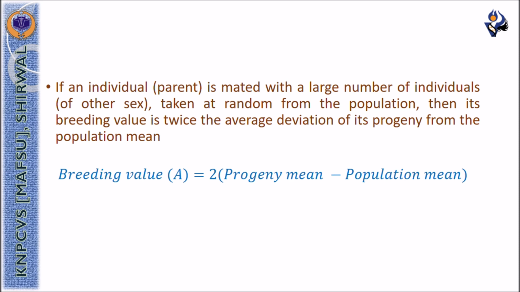Then its breeding value is twice the average deviation of its progeny from the population mean, described with the formula breeding value, represented by capital A, equals twice into (progeny mean minus population mean).